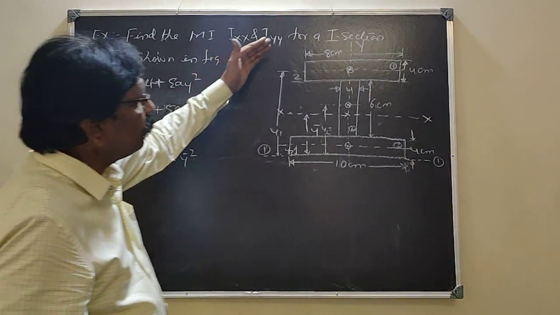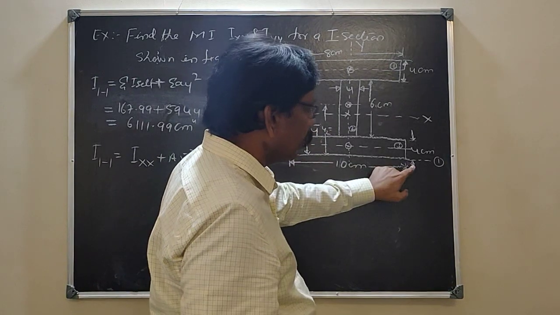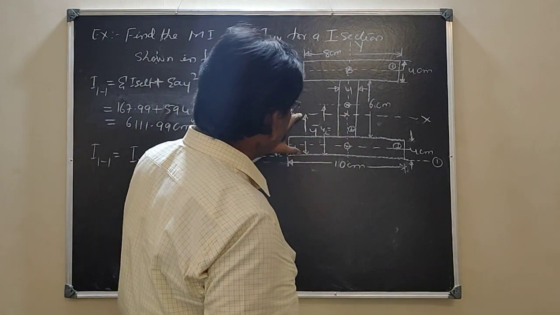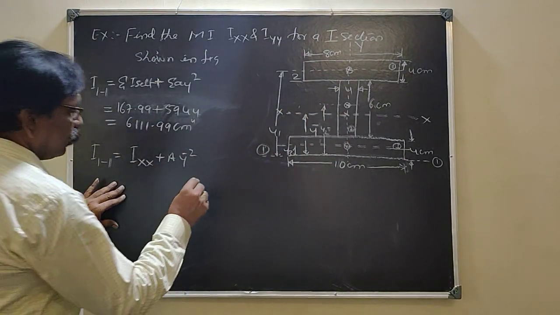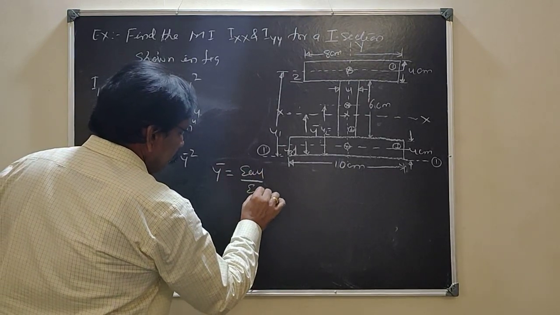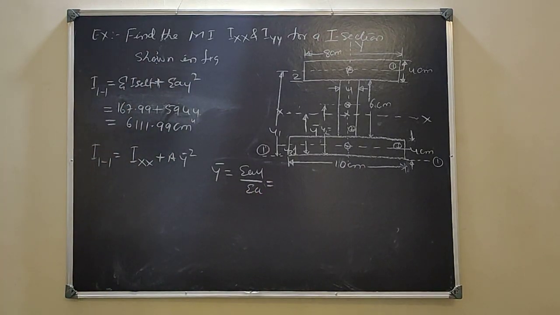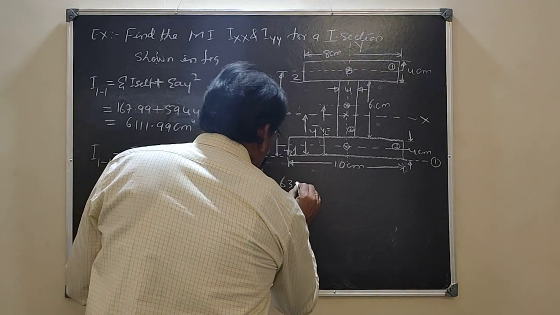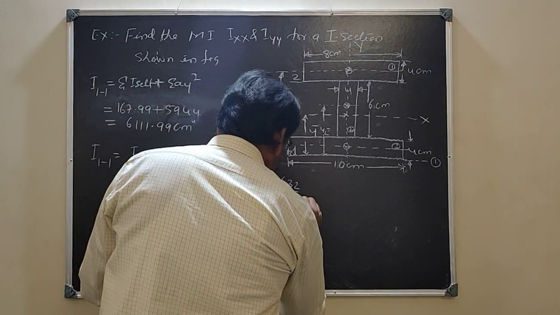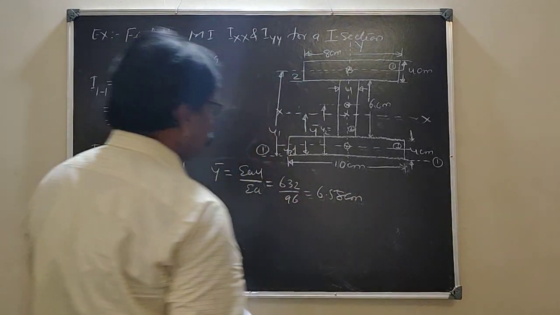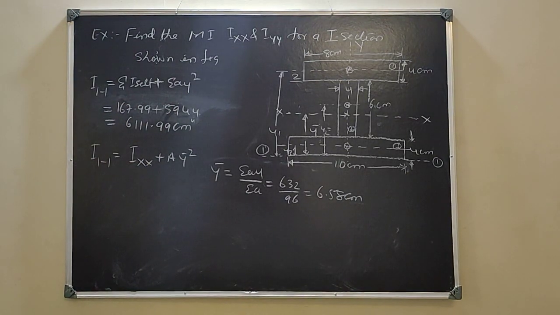Now we want to transfer back to the central axis, which is at a distance y bar. So y bar is equal to sigma ay by sigma a, that is 632 divided by 96, that is equal to 6.58 centimeter. That is the y bar you have calculated.